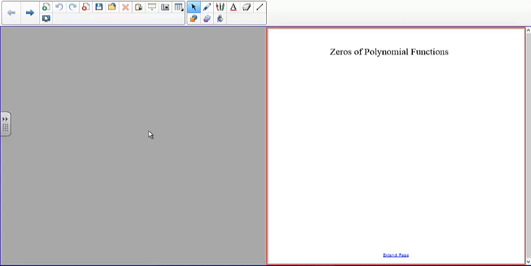Okay, our next topic is zeros of polynomial functions. We did this earlier on, but now we're going to look at more complex ones, not from a mathematical, but just from a difficulty standpoint. Even though some of the zeros could be complex.